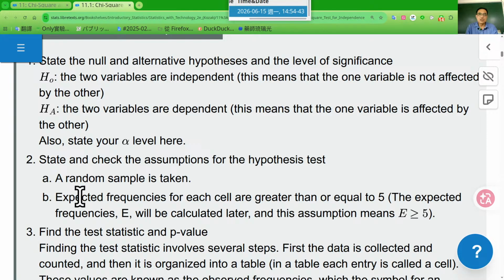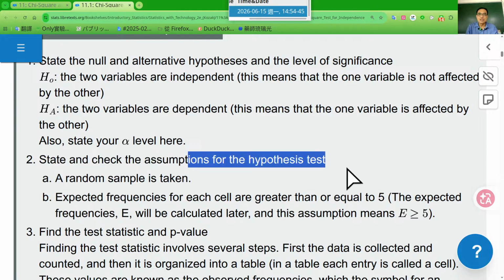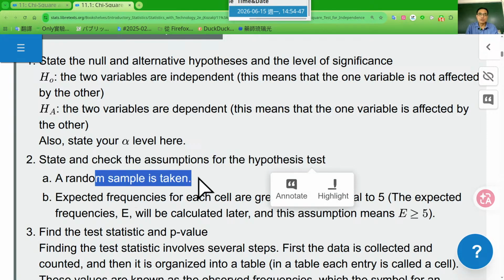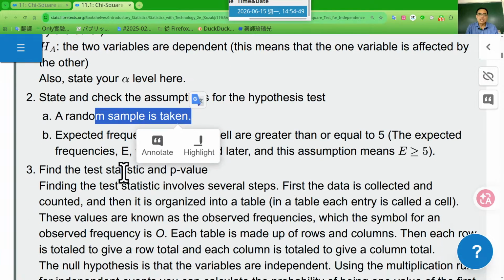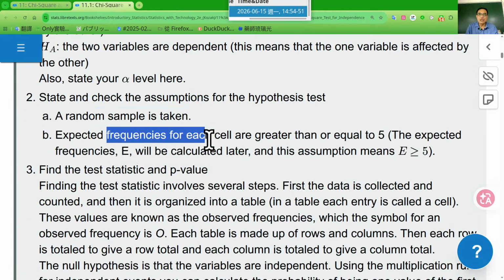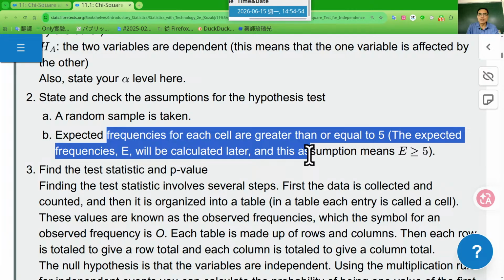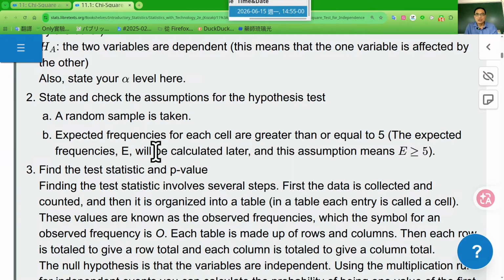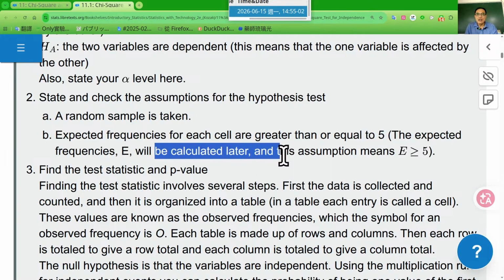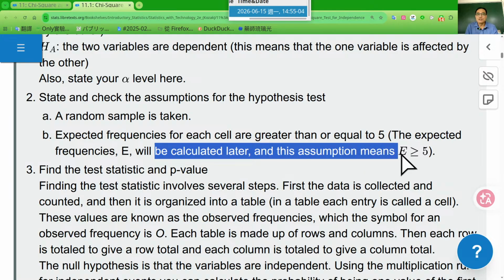State and check the assumptions for the hypothesis test. A random sample is taken. Expected frequencies for each cell are greater than or equal to 5. The expected frequency E will be calculated later, and this assumption means E is greater than or equal to 5.